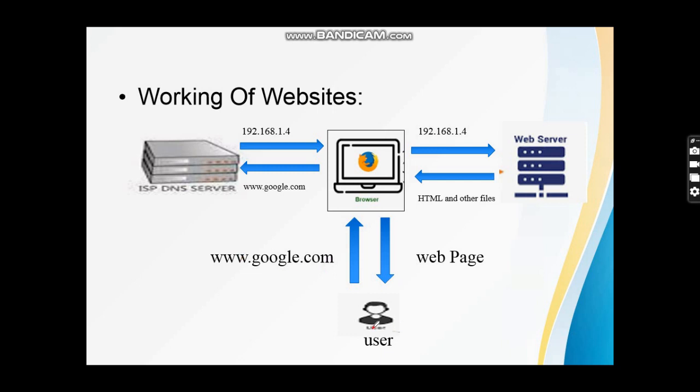The user types www.google.com in the browser, and this request goes to one of the many special computers on the internet called DNS. The full form of DNS is domain name server. जैसे ही यूज़र ने google.com ब्राउज़र पे टाइप किया, वो रिक्वेस्ट आपके डोमेन नेम सर्वर की तरफ चली गई.